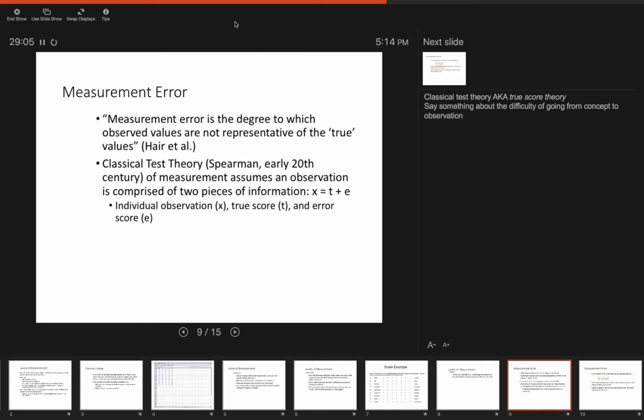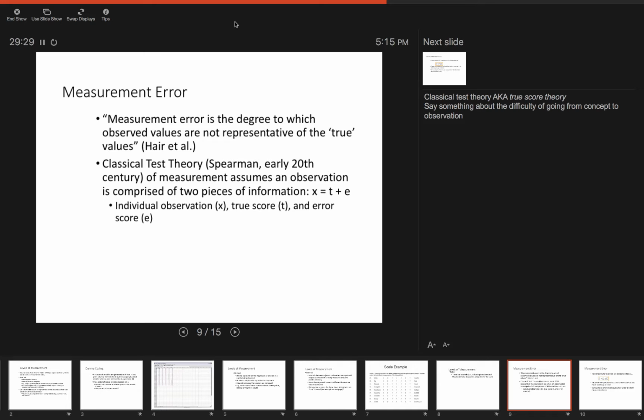Obviously, all we have is X. We don't know what part is true and what part is error, but conceptually X is made up of some true score, we hope, and some error.